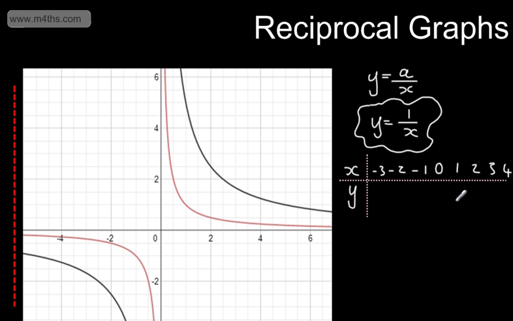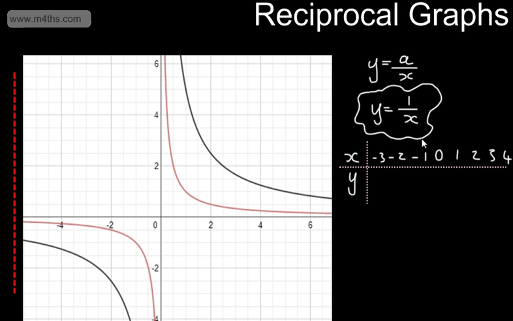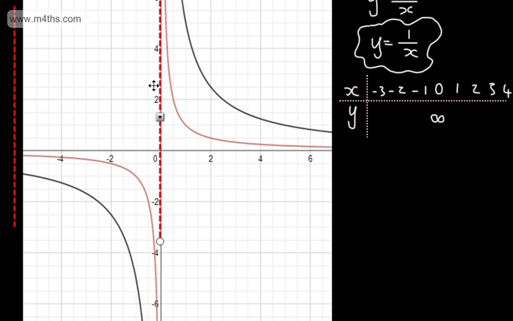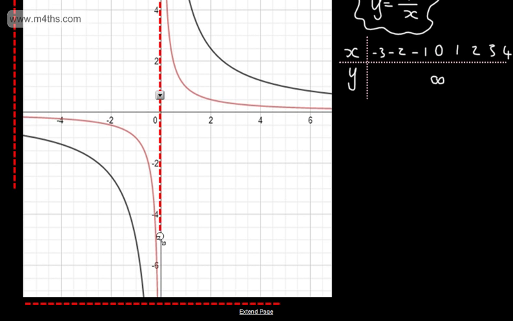This is an important point. Division by 0 is undefined. That means that we can't have a value here. Technically I could put in positive infinity, or negative infinity, but essentially what we end up with is an asymptote. The asymptote is going to be the y-axis.